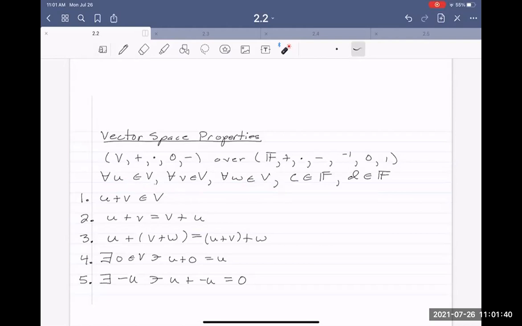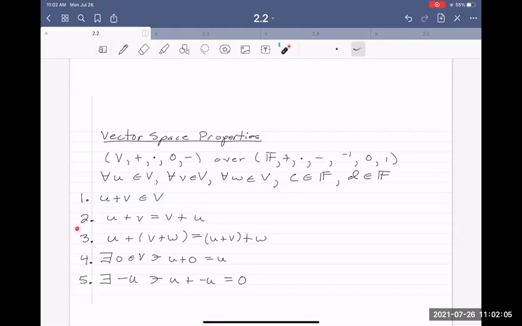Then I have the closure property for vector addition. A vector plus a vector is still a vector. So if u and v are members of your vector space V, then u plus v is also a member of your vector space V.